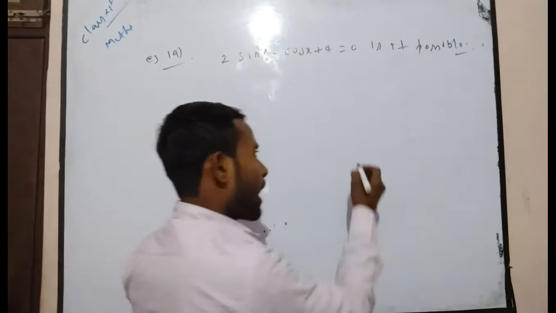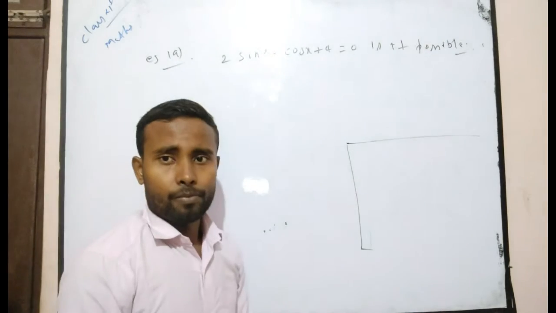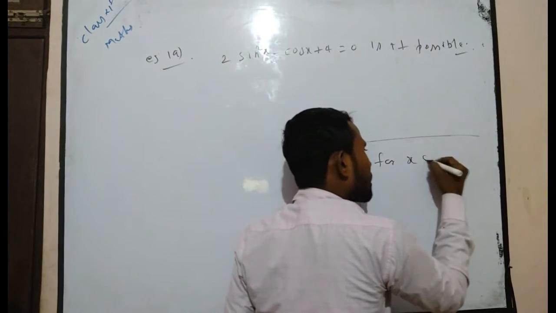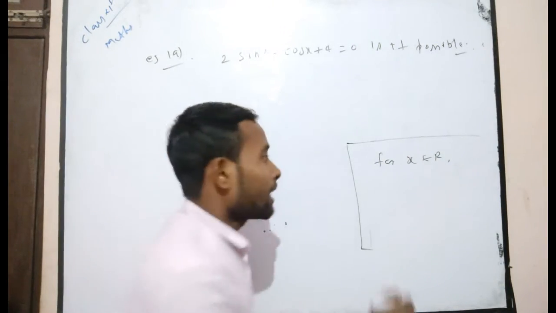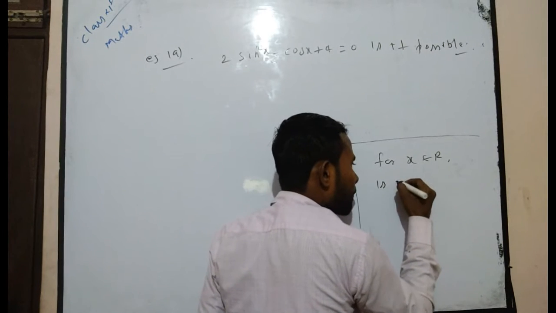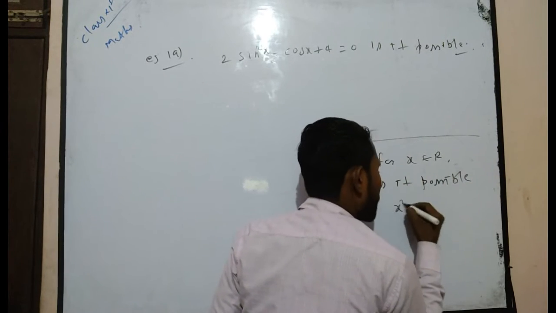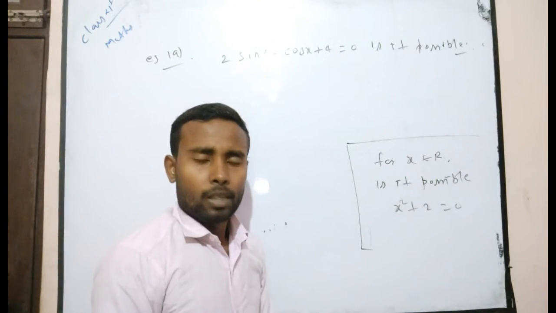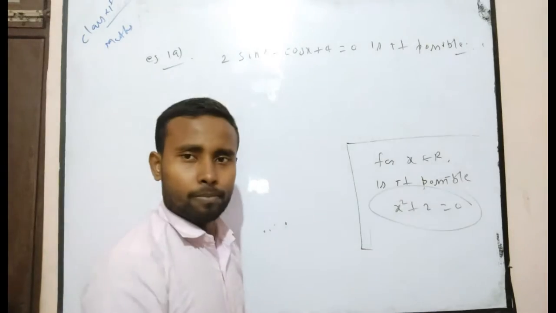I want to give you a simple problem. If x belongs to the real numbers, is it possible that x square plus 2 is equal to 0? You will definitely say no, that is not possible.